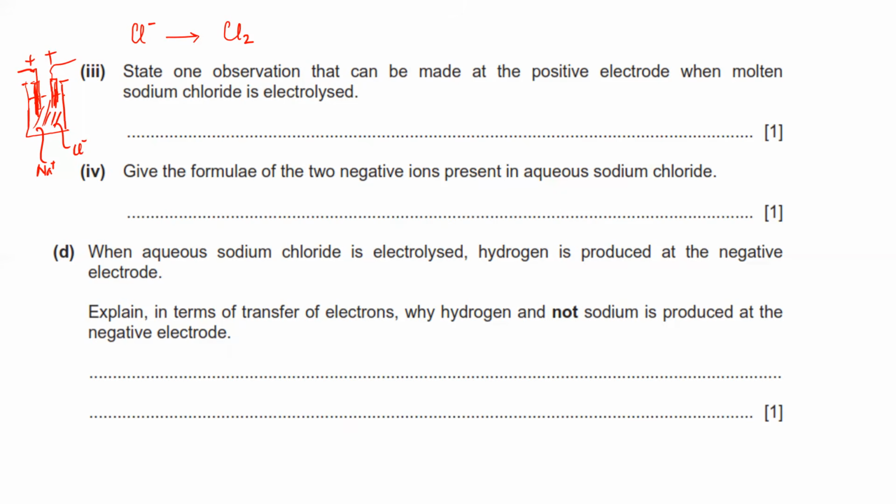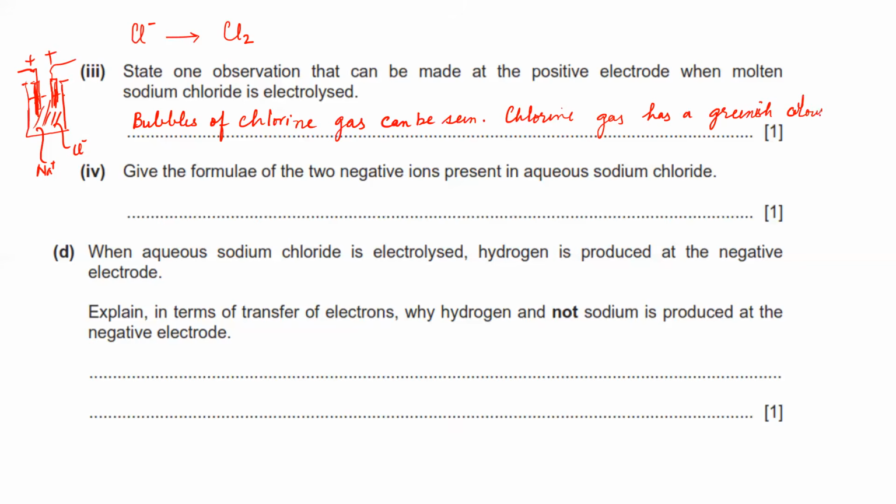So you can write bubbles of chlorine gas can be seen, and also chlorine gas has a greenish color.